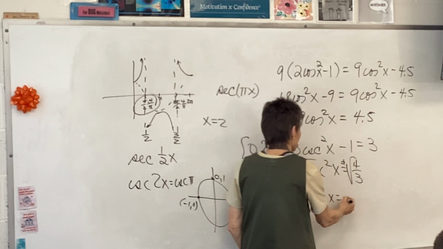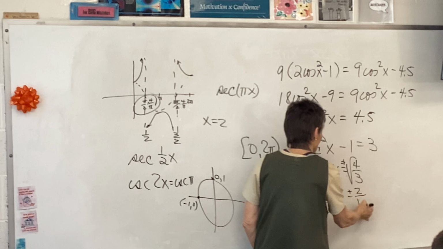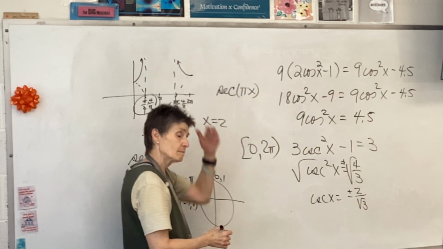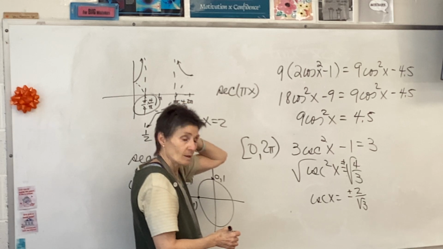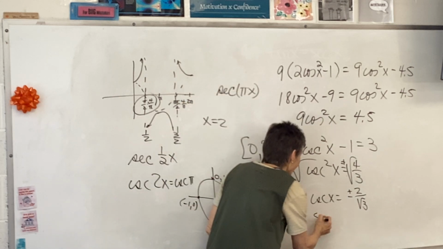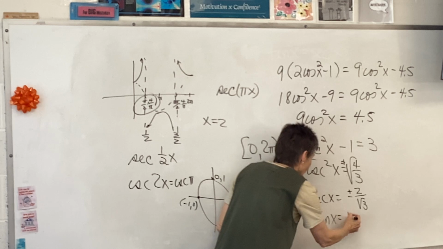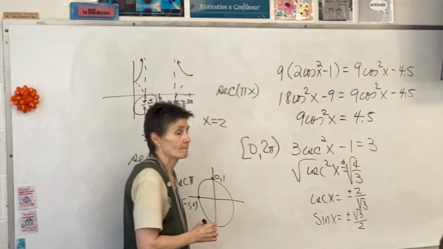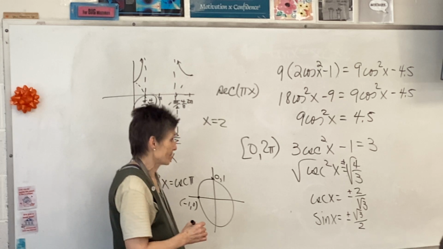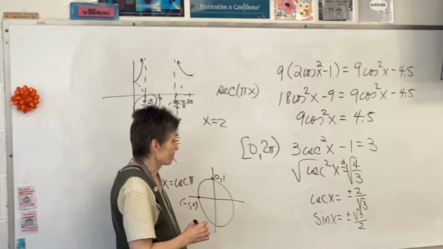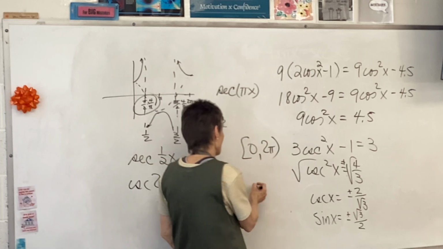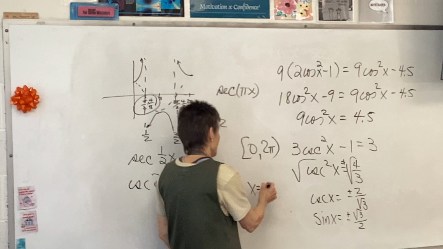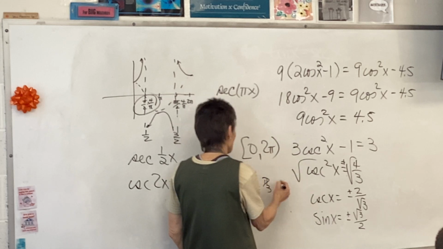So the cosecant equals plus or minus 2 over root 3. Which means the sine equals plus or minus root 3 over 2. Which is what kind of angles? Pi over 3. So pi over 3, it's plus or minus, so it's all of them.